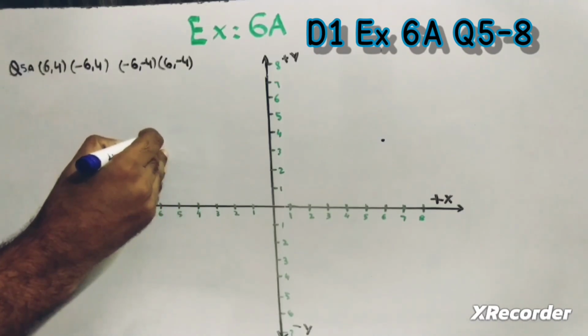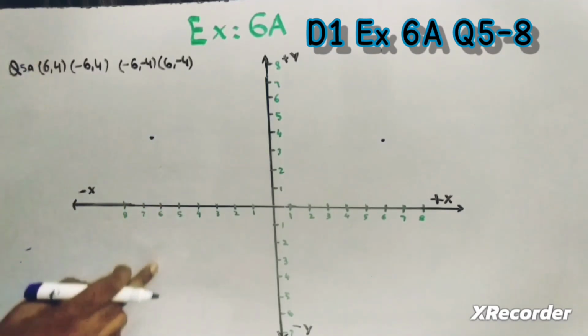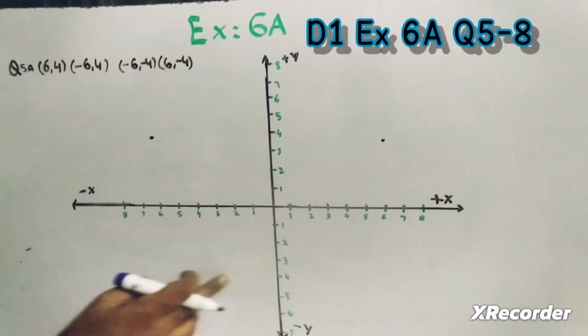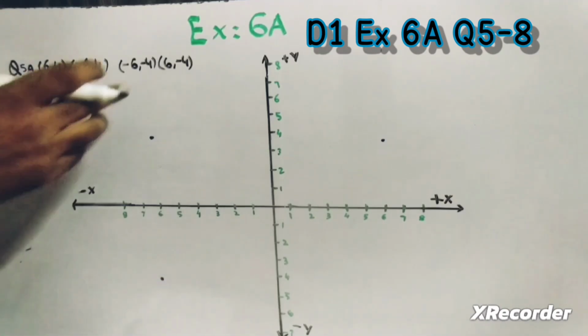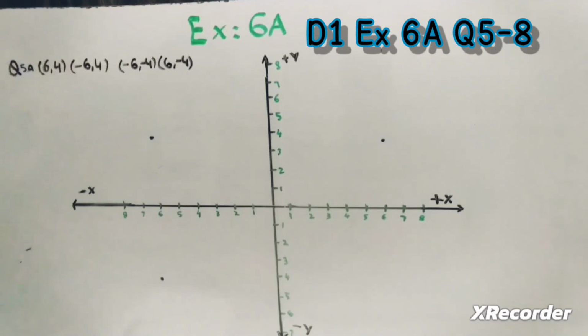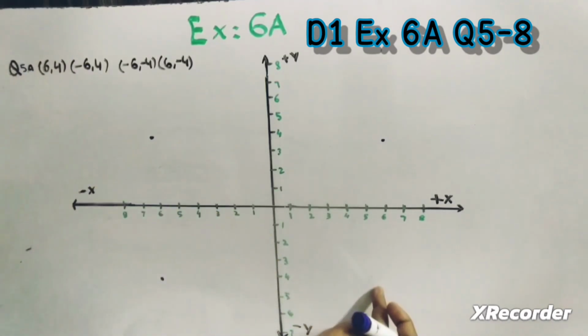Let's say our point is about here. Third point, (-6, -4): this is minus 4 on the y-axis, so this is our third point. And the last point, (6, -4): on the positive side of x, 6, minus 4, here it is.